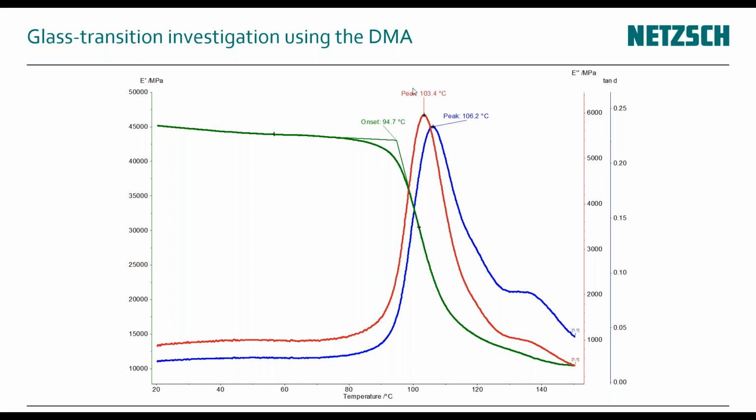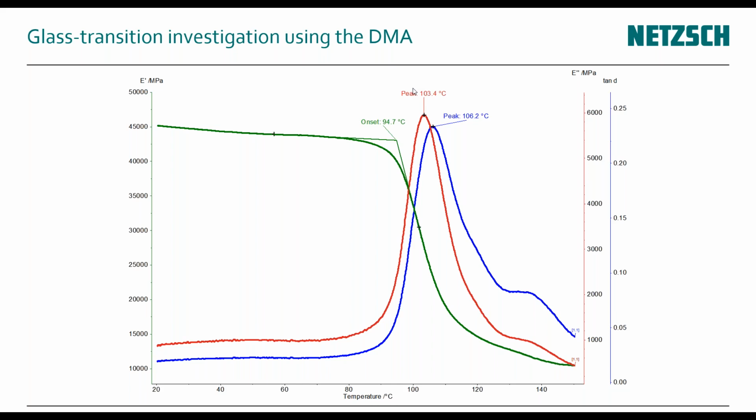You have to agree with your customers. If you're in aerospace, this is very clear: they use the peak in E double prime because it's really easy to find. But you have to look at this really closely. It does not make sense to compare E prime onset temperatures and E double prime peak temperatures, for a reason of the physics. But you have to agree upon a value that you use. None of these is actually better.